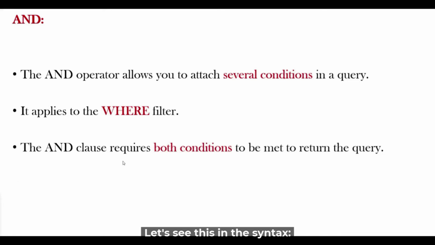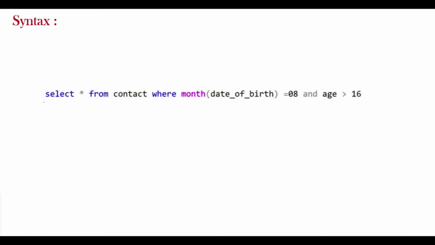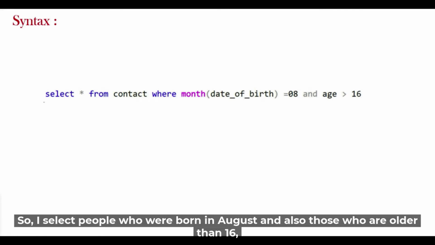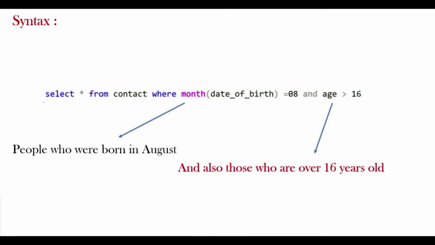Let's see this in the syntax. SELECT FROM my table contact WHERE month of date of birth equal 08 AND age greater than 16. So I select people who were born in August and also those who are over 16 years old.